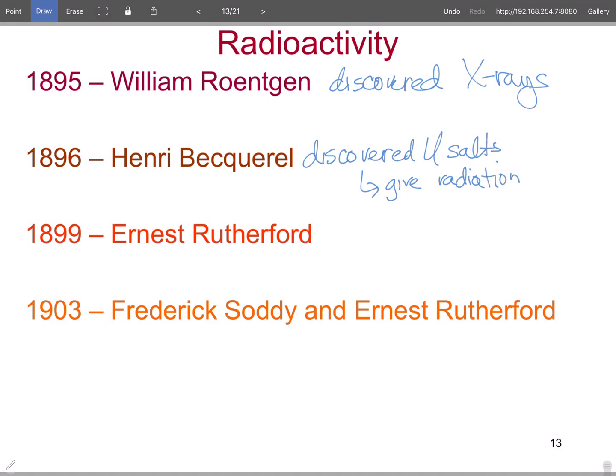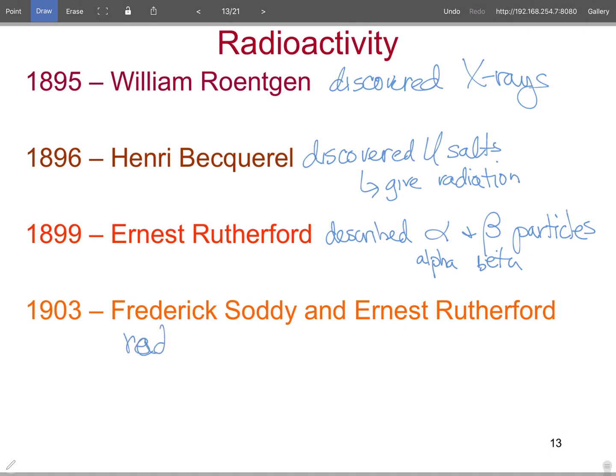Ernest Rutherford described the alpha particles and the beta particles, and they were used heavily in determining, and I'll go over exactly what those are in a minute, but that's a beta particle. And then Soddy and Ernest Rutherford were able to figure out radioactive decay.